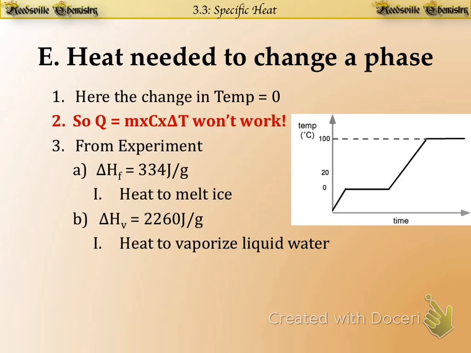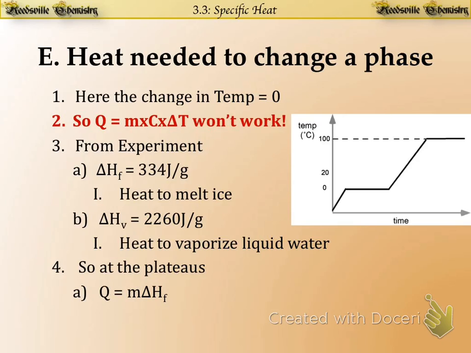So at the plateaus, when we're trying to figure out, okay, how much energy is it going to take for me to go from this position all the way to that position, or from this position all the way to this position, how much energy is it going to take for me to do that? We have a new equation, and that is that the heat equals the mass of the sample, because obviously it's dependent upon the mass. The more stuff I have, the harder it is going to be to heat it up.